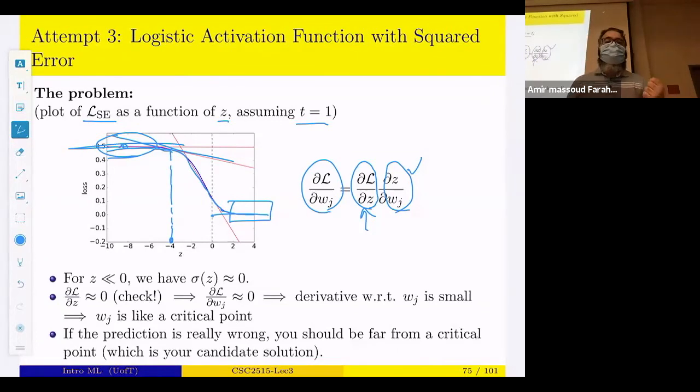It means that if our prediction is very wrong, then we don't get any gradient information to update our weights. So even though using this logistic activation function is a good idea, this choice of squared error loss is still problematic for us.